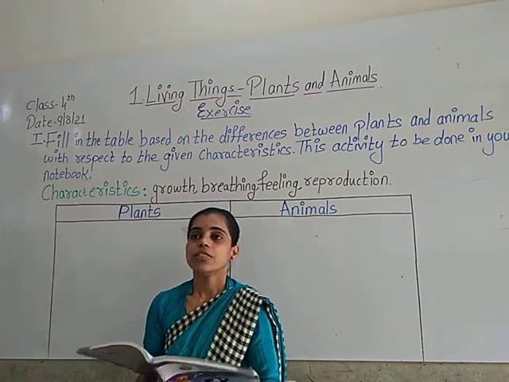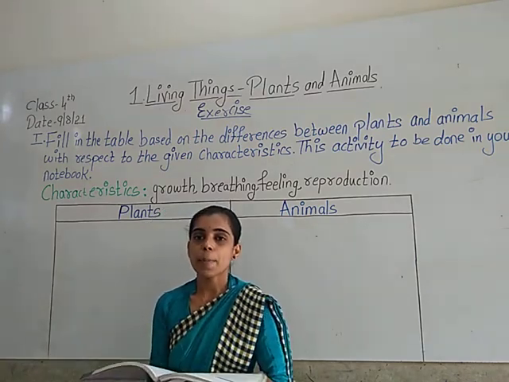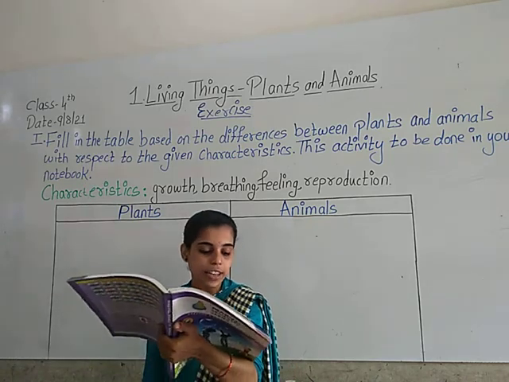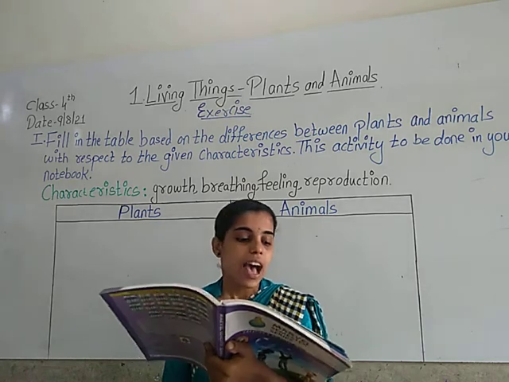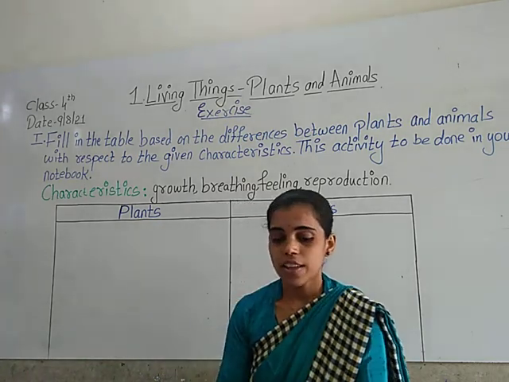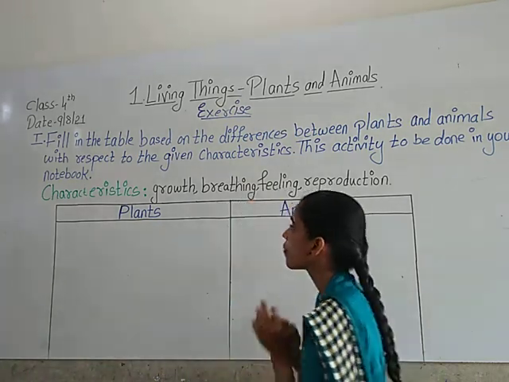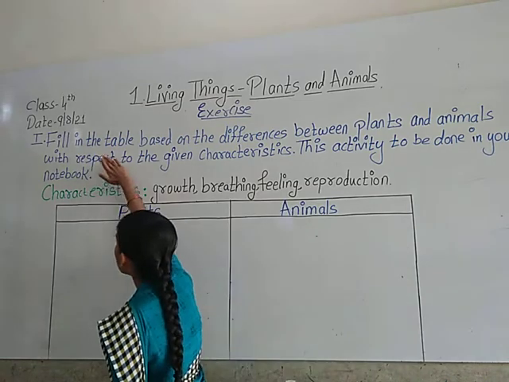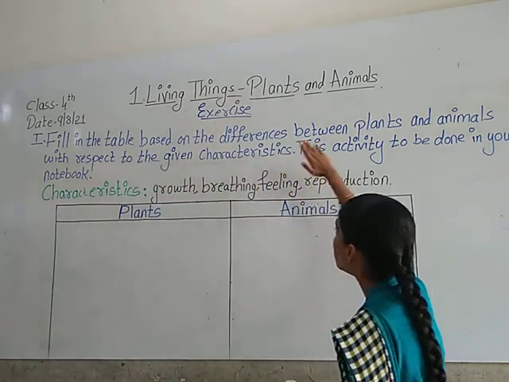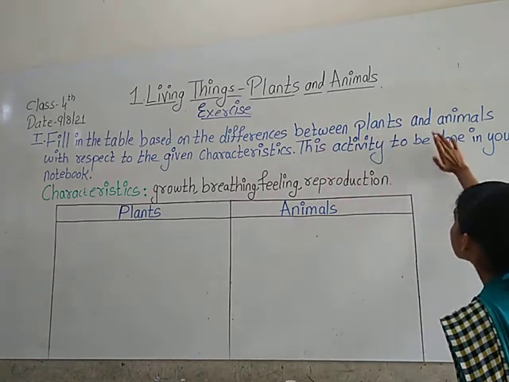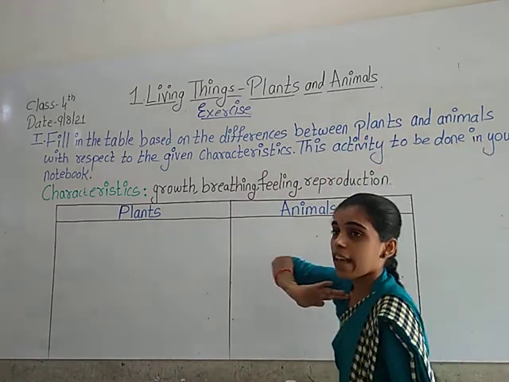Just open your textbook page number 170. The first exercise, I will just read the exercise which I had written on the board. See here, fill in the table based on the difference between plants and animals. So what are they told?